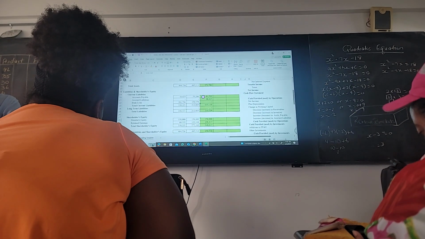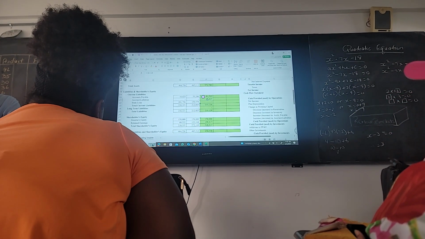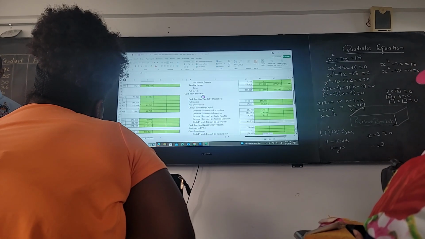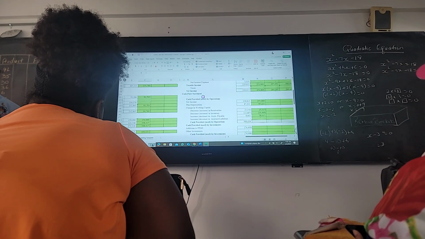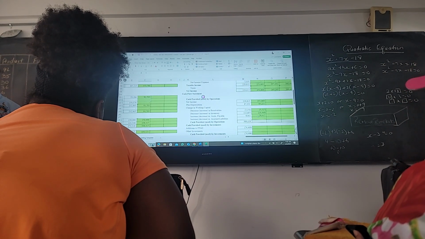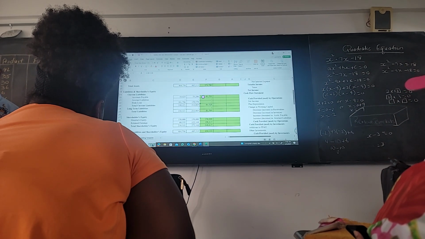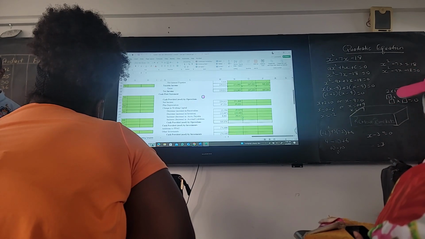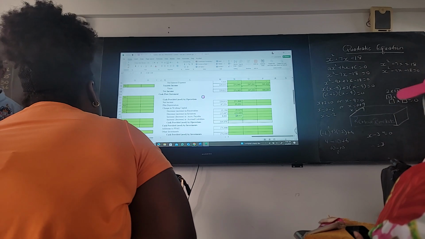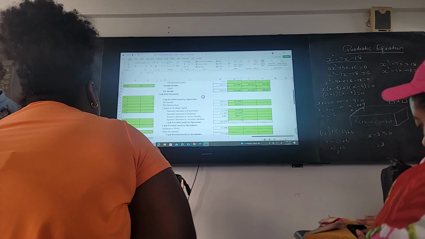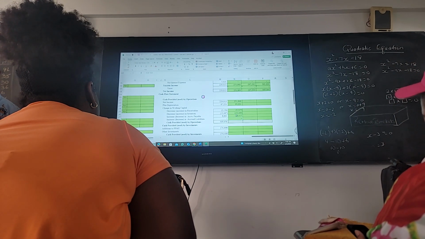This should be zero. Okay, now this should be okay. What on earth is that? Accrued liabilities. That's accounts payable, that's correct. So this one is okay.